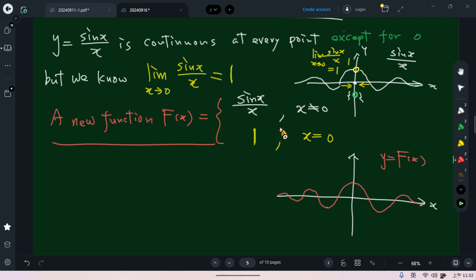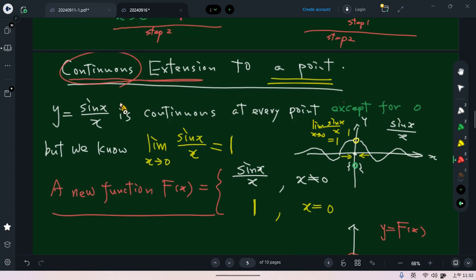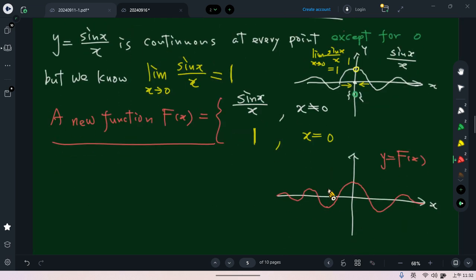Through the special definition for s is equal to 0, we can make it continuous at all points. So we can say this is a continuous extension to s is equal to 0.